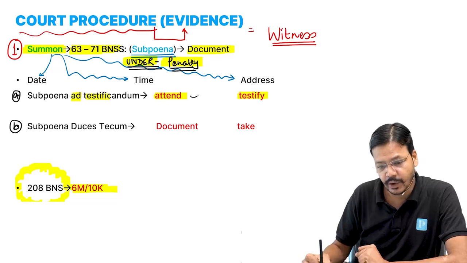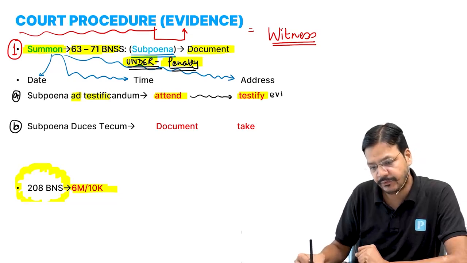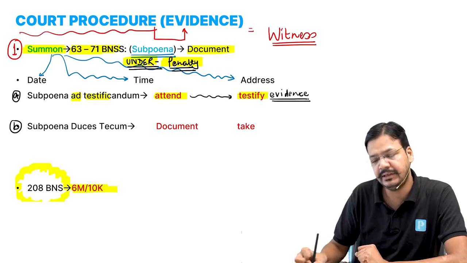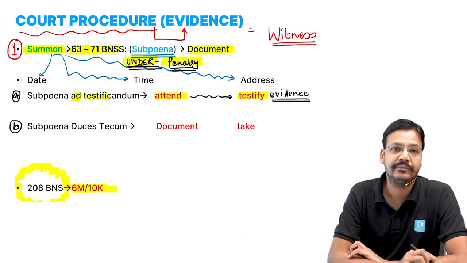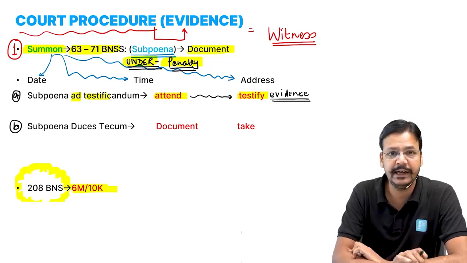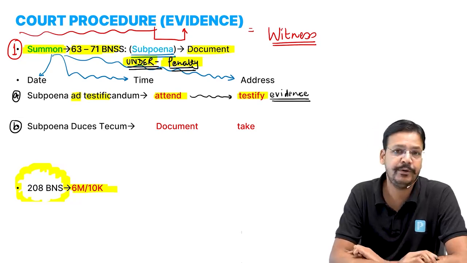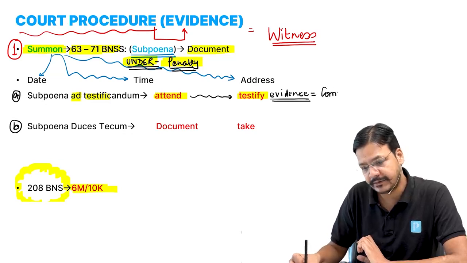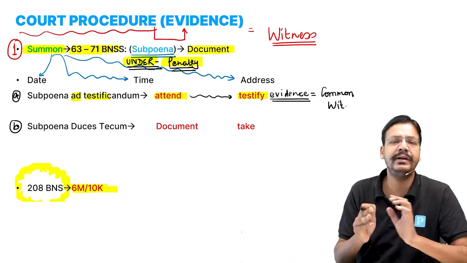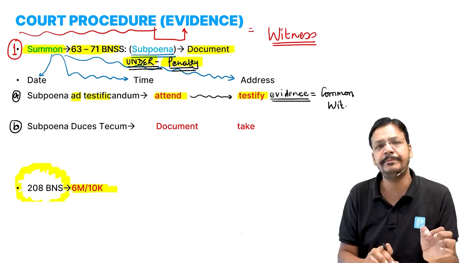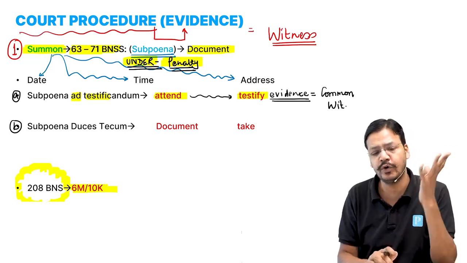If you attend the court after the summons and testify, that is very, very important. Attend the court and testify in the court. Sir, this is for the common witness. The common witness attends the court, gives evidence in the court and goes. That is subpoena ad testificandum, used for the common witness.